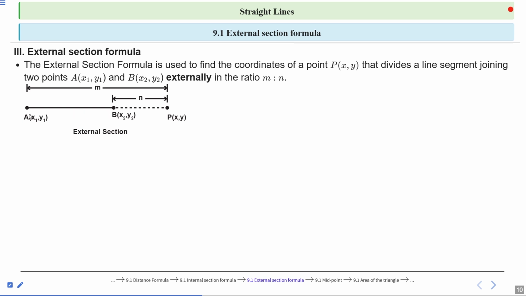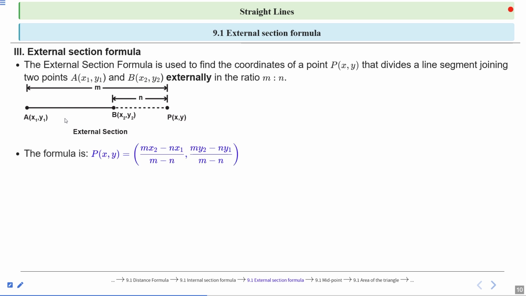Okay, so here you can see this figure. This AB is the line segment joining the points A and B. Okay, and here the line segment is extended up to P. So the point P(x, y) divides the line segment joining A and B externally in the ratio m is to n.